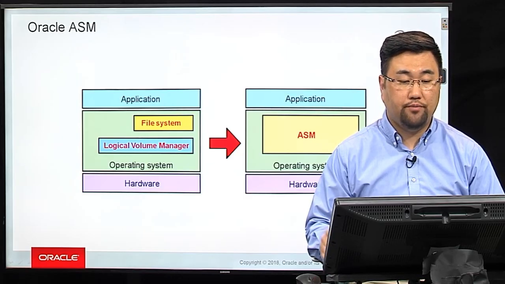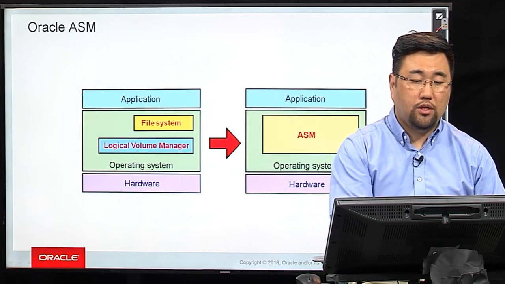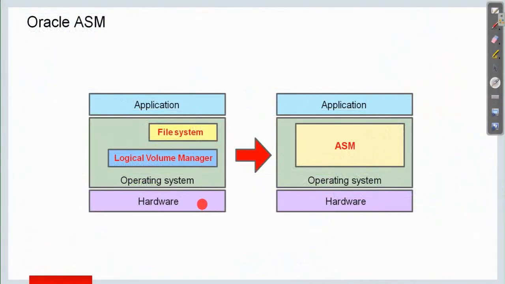Without ASM, you will have to configure logical volume through the logical volume manager, and then you create file system. So you will have to manage different components, possibly by using different vendors' solutions to create file system, and to create a logical volume group by using different vendors' volume manager.